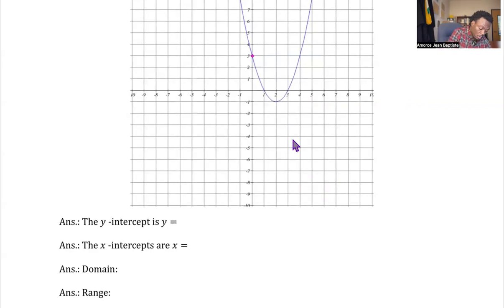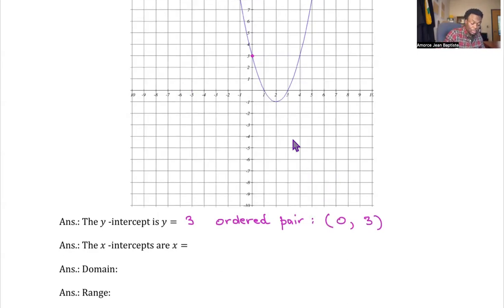So here the y value is 3, and the ordered pair that represents this y-intercept is 0 for x and 3 for y, since it's exactly on the y-axis.